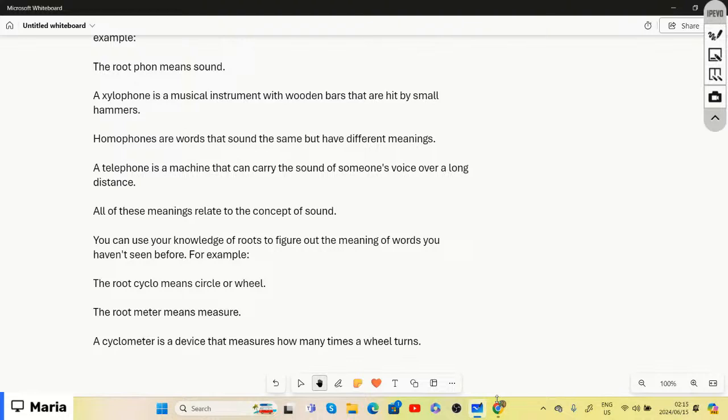They are saying that when it comes to Greek and Latin roots, you can use your knowledge of roots to figure out the meaning of a word that you haven't seen before. And if you don't know how to figure out a specific word, you try to get the meaning of that word.